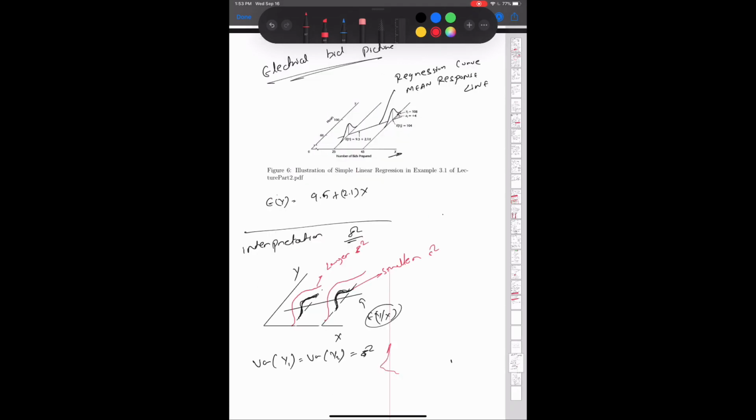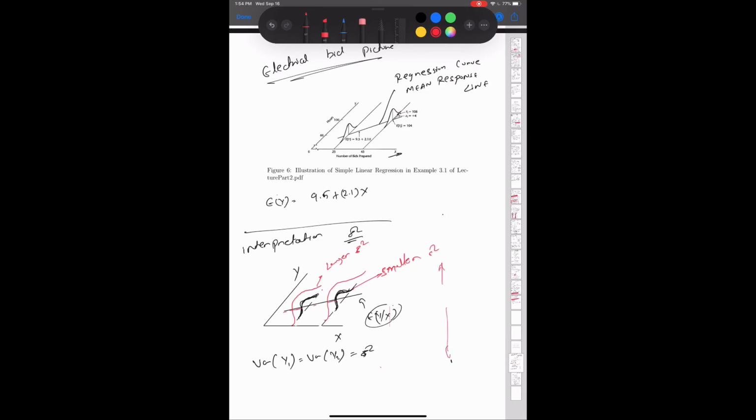So what's really happening is sigma square represents the uncertainty around the regression line. The larger the sigma square, the more chance that y will be really above the regression line or really below the regression line.